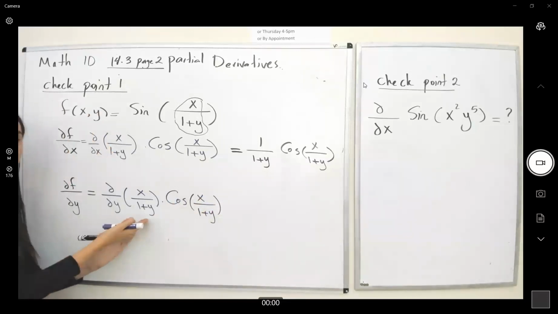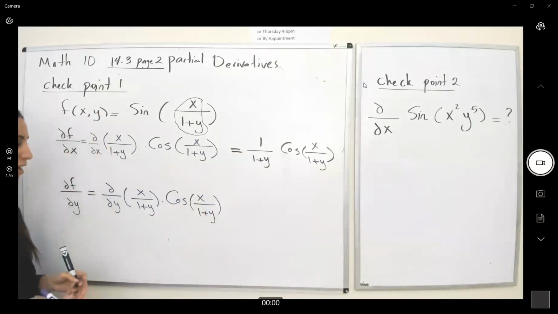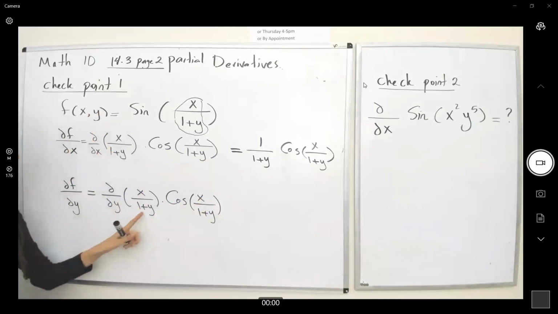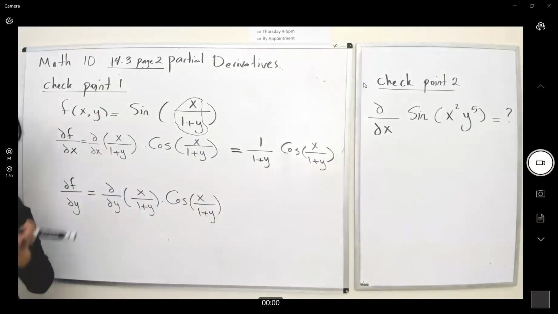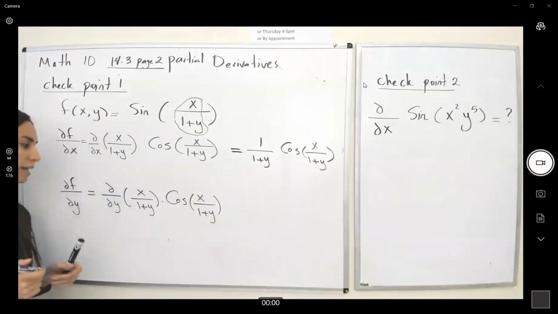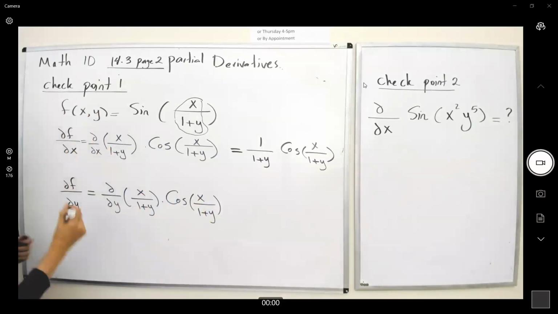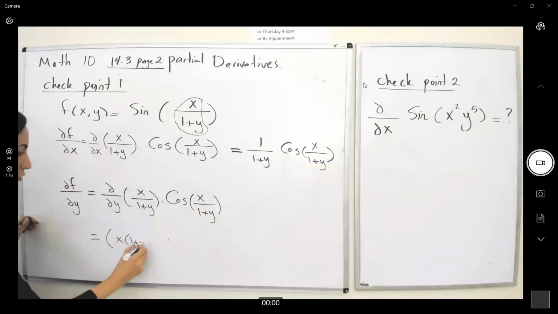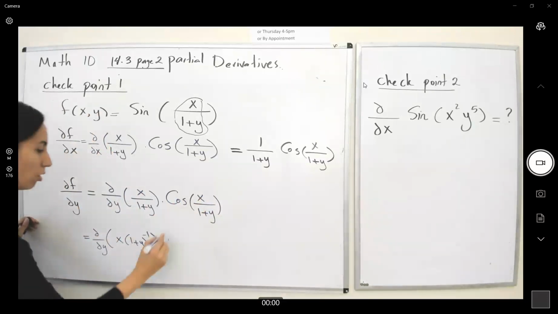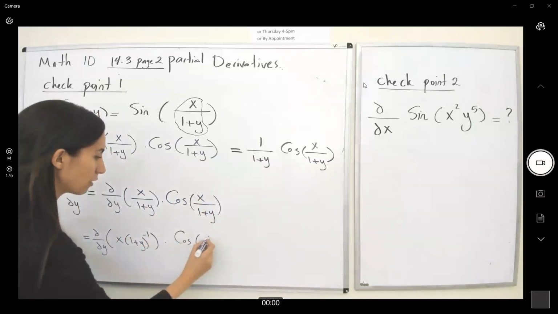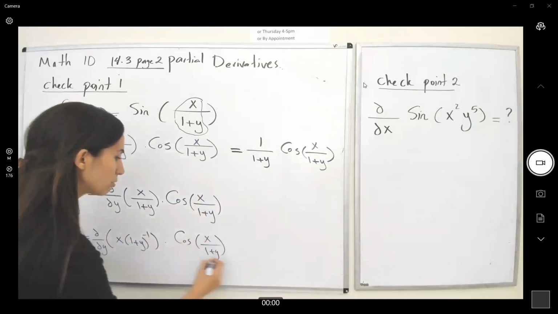For this part, you can either use the quotient rule that you learned before, or you can just write 1 plus y in the numerator with a negative exponent and then take the derivative. So here you have x times (1 plus y) to the negative 1, and I'm taking the partial derivative of this with respect to y, multiplied by cosine of x divided by 1 plus y.